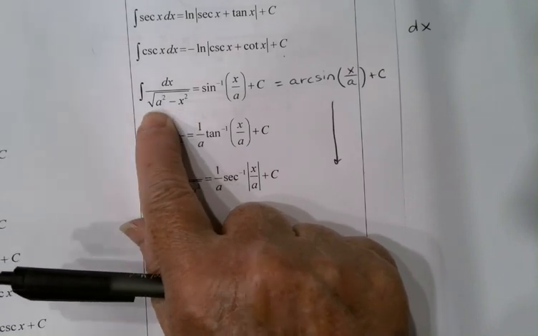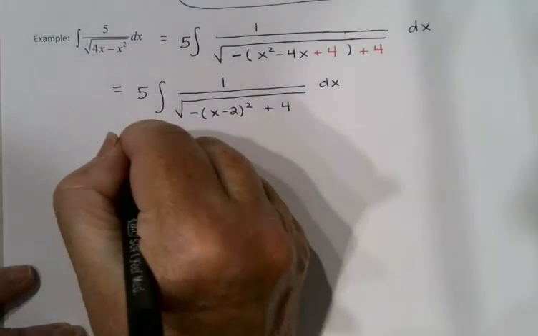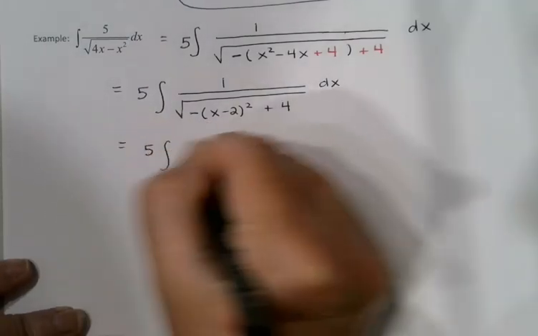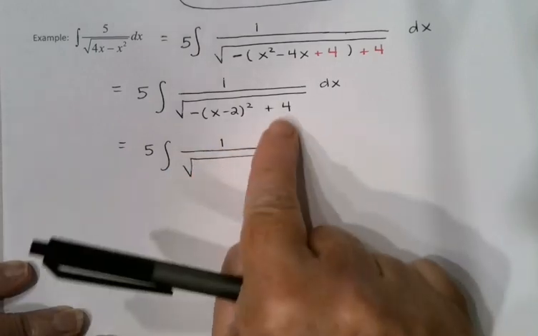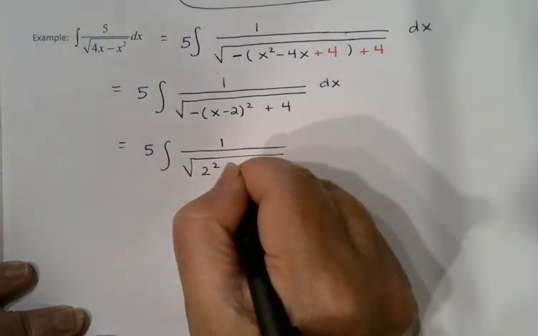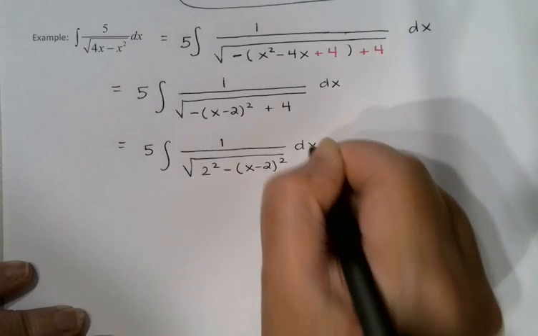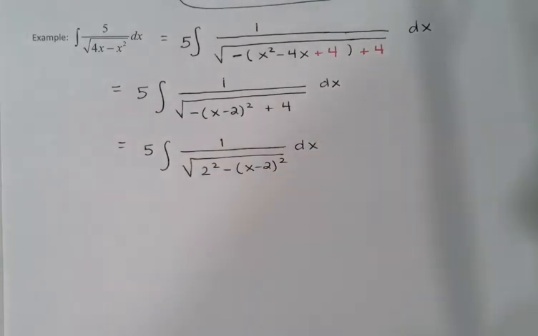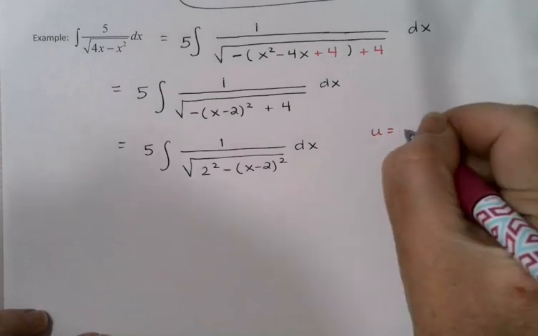Let's put the 4, which is the a squared, first, so I'm just going to reverse the order here. I'm going to write that 4 as a 2 squared, that's positive, and then minus the x minus 2 squared. If I let u be that x minus 2, I think I'm going to get exactly what I need.